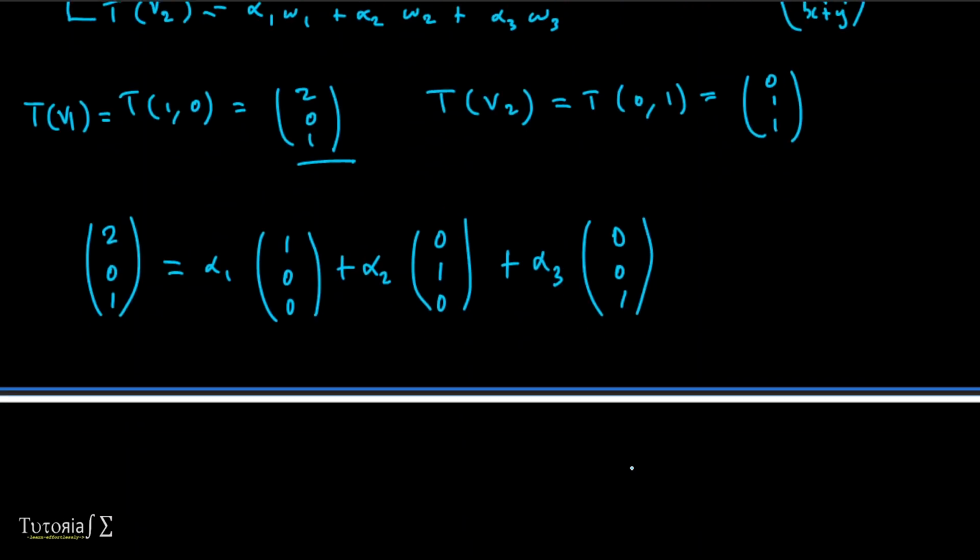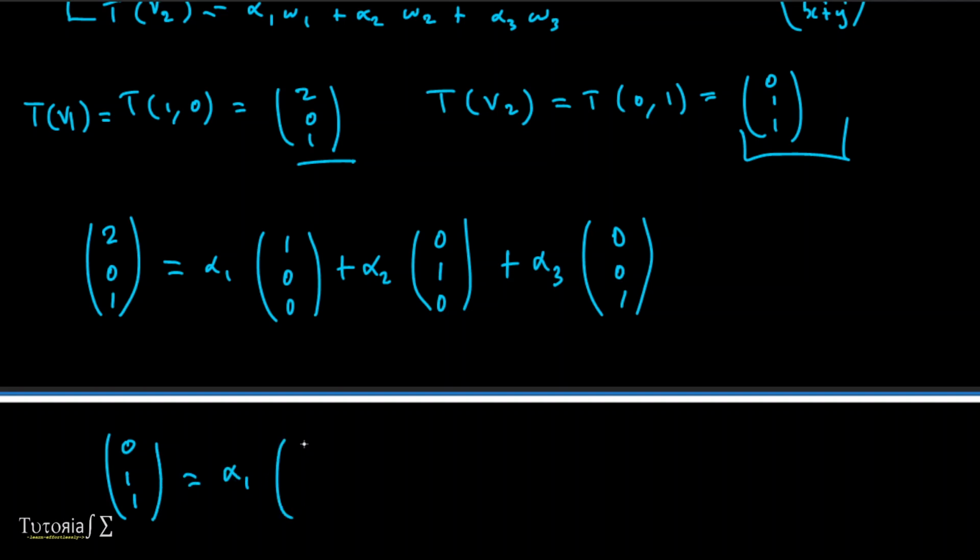For the second one, it is this one. It will be the same, so it will be 0, 1, 1 equal to alpha 1 times 1, 0, 0, basically the same thing, plus alpha 2 times 0, 1, 0, plus alpha 3 times 0, 0, 1.